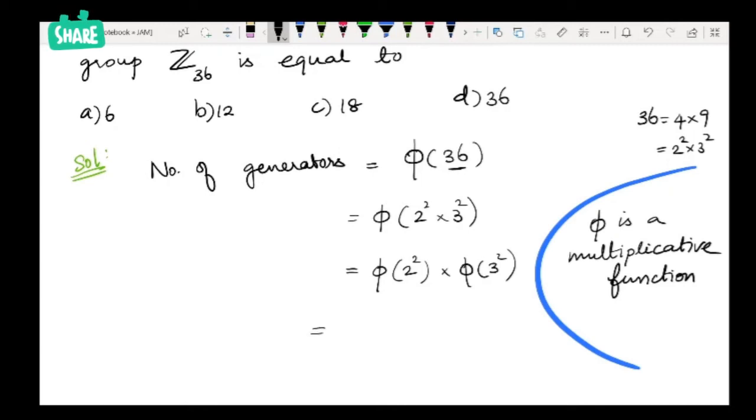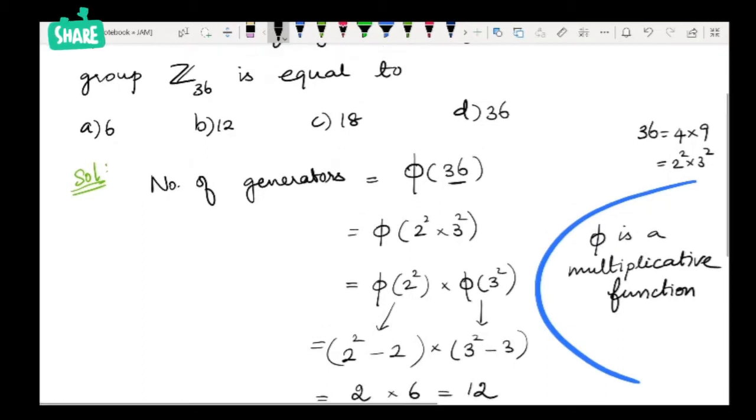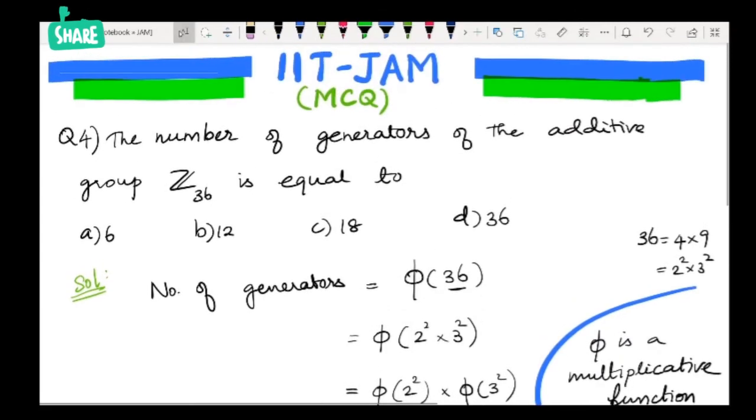So phi of 2 square, which means a prime square, can be written as 2 square minus 2, and the same, phi of 3 square can be written as 3 square minus 3. This is the formula for phi of p square. Great. So 2 square minus 2 is 2, and 3 square minus 3 is 6. The answer is 12. Option B is the correct answer.